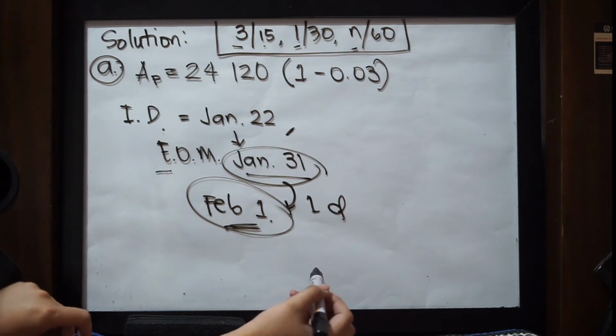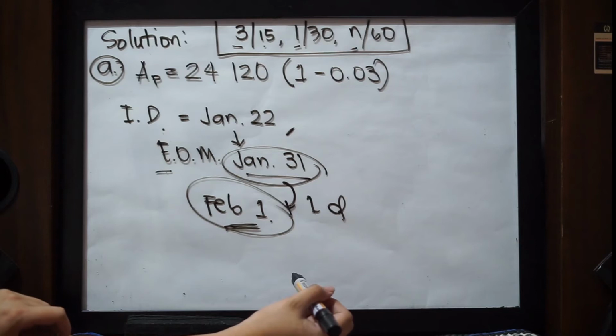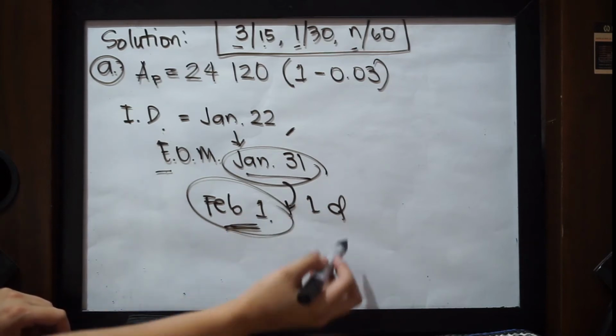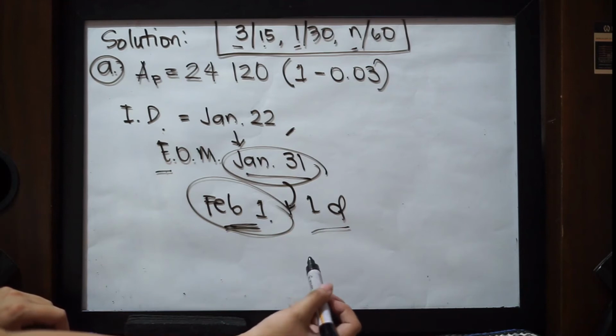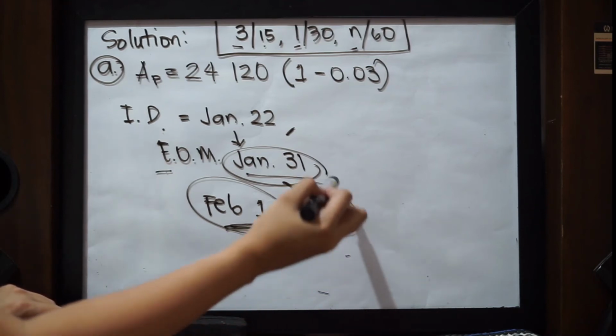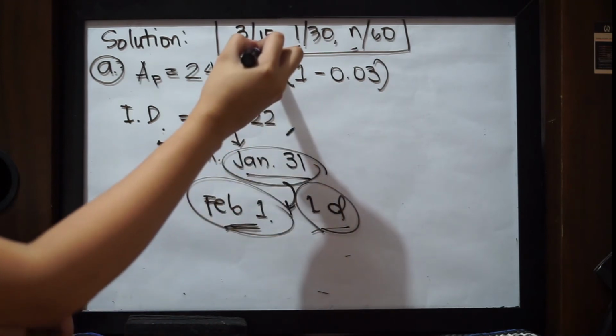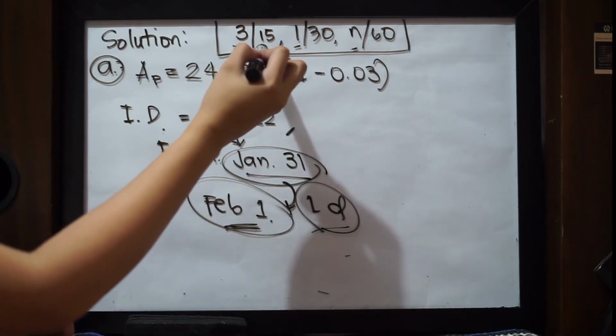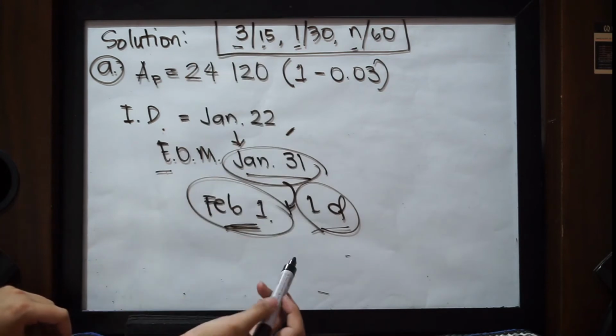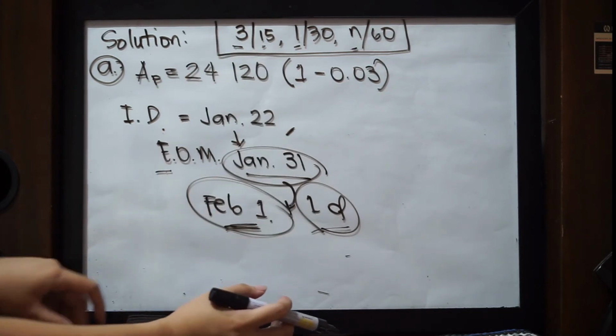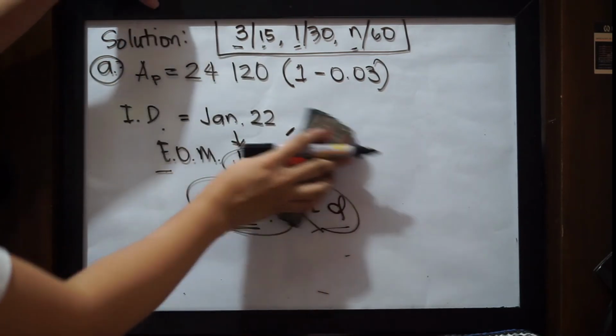So, we must know the days between 31 to February 1. And obviously, isang araw lang yung lumipas from 31 to 1. Kaya, dahil isang araw lang naman, nasa 15-day range siya. So, ibig sabihin, we will use 0.03. So, ayun. I hope that's clear.